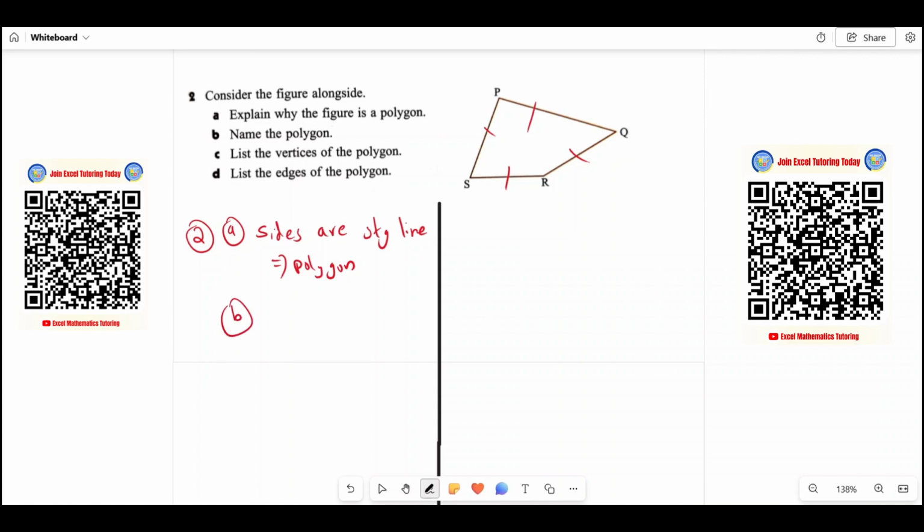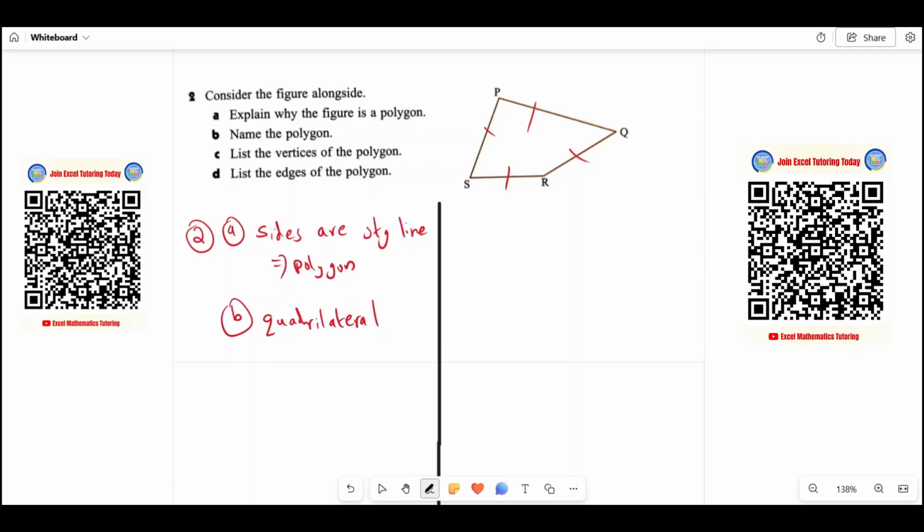And the next, B: name the polygon. How do we name this polygon? This one is a quadrilateral. Why?